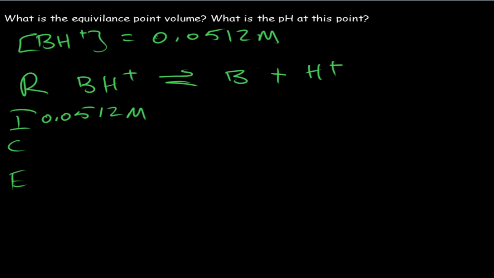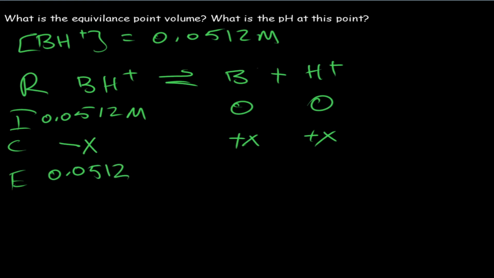Again, now that there's only BH plus in the flask, we can consider that as a constant volume, and we can use molarity as our amounts. It will be dissociating, and we will be gaining B and H plus on the other side. And our final equilibrium values are 0.0512 minus X, X, and X.